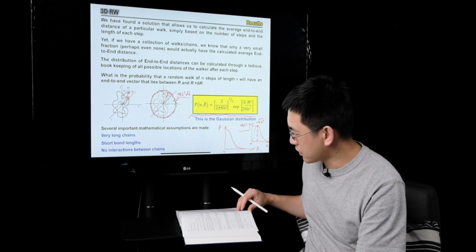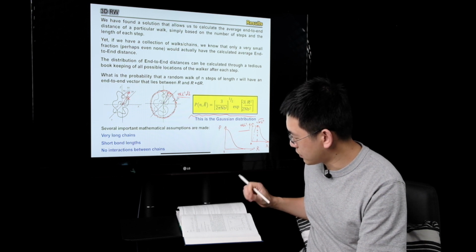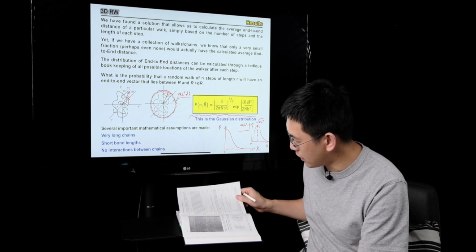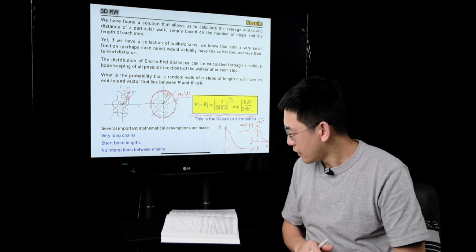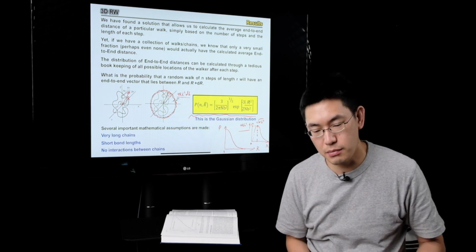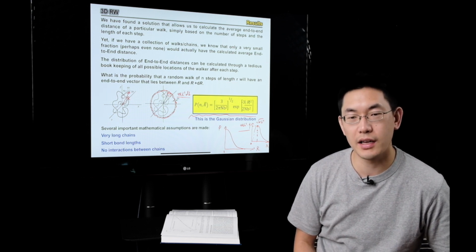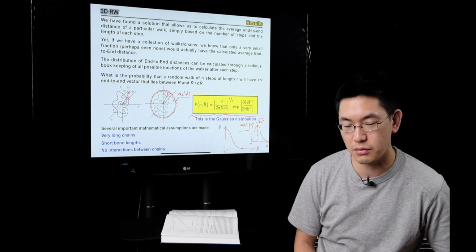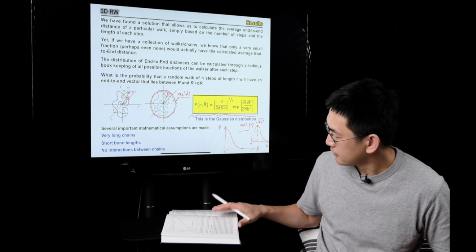To be honest, what they are trying to do is quite demanding mathematically. But for those who are interested, let me know, and I'll show you what that means. Regarding distribution, the key take-home message is you need to understand why there's a distribution and how the distribution affects your polymer's behavior.